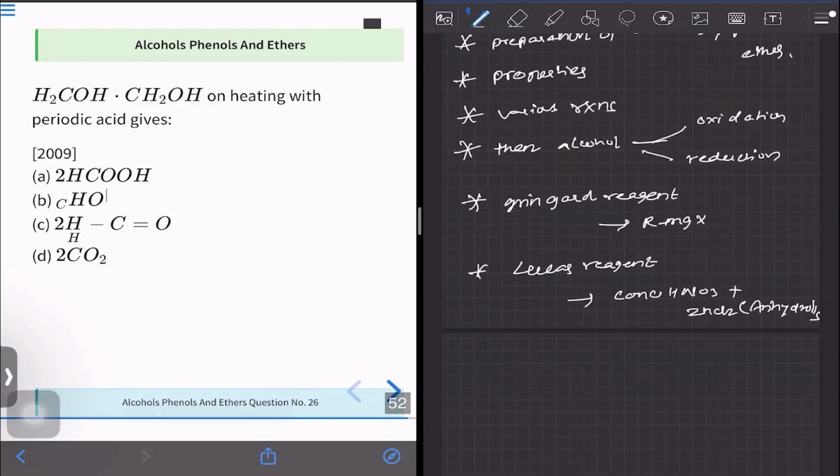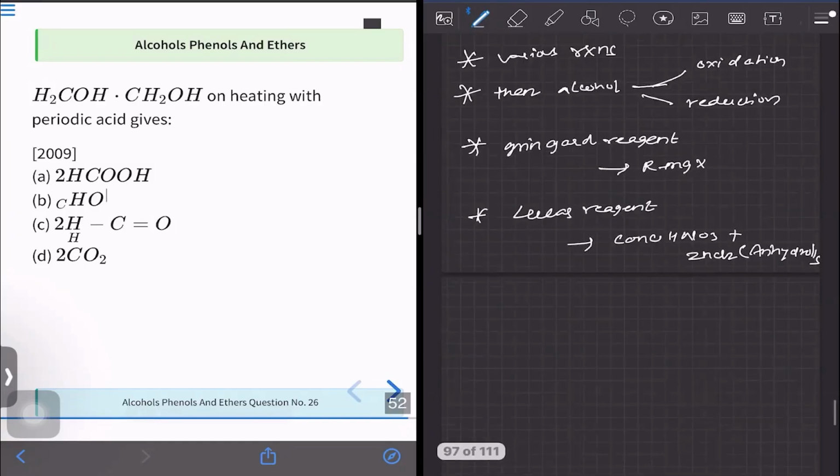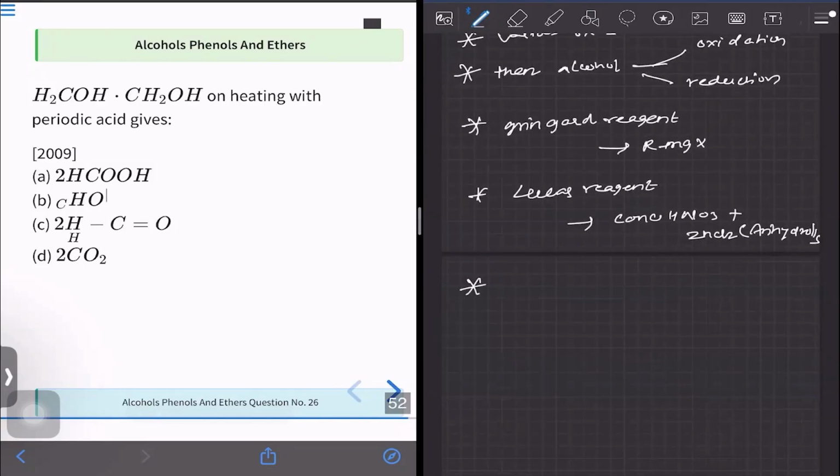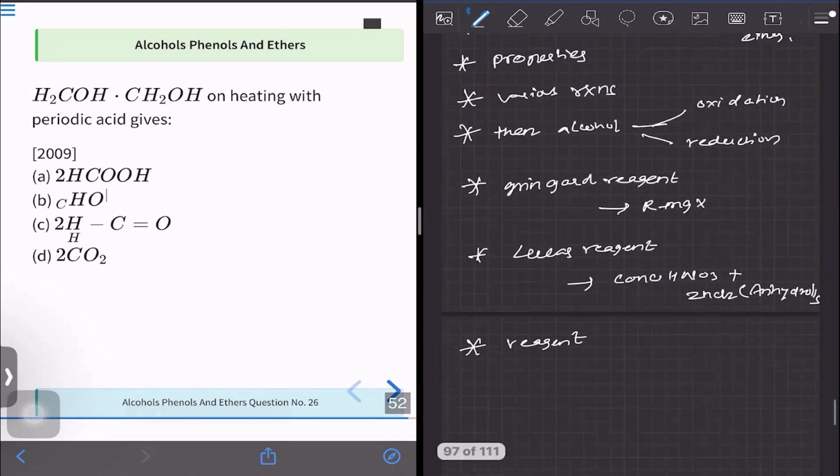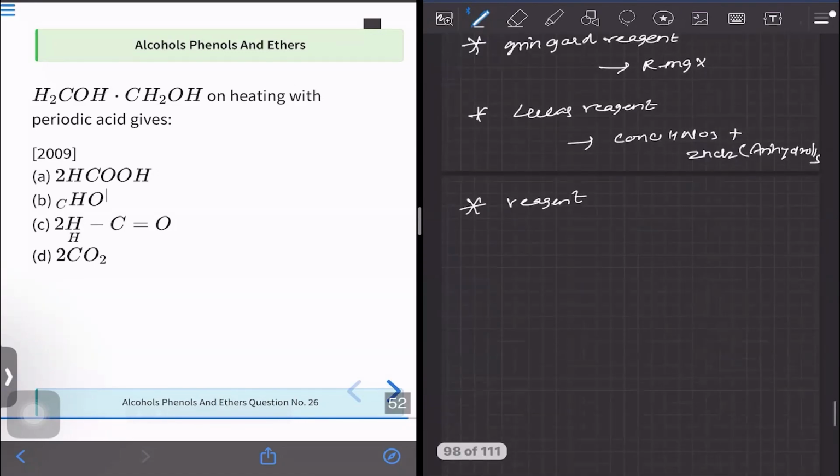This is Lucas reagent. And there are so many reagents you have to remember. For this, you have to thoroughly revise the chapter after this session. You have to revise everything in alcohols, phenols, and ethers along with GOC. Then only you can understand very well.